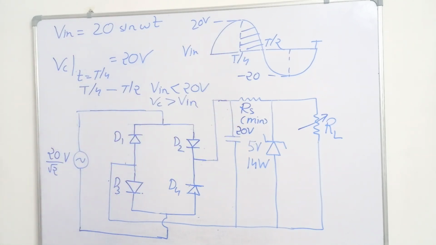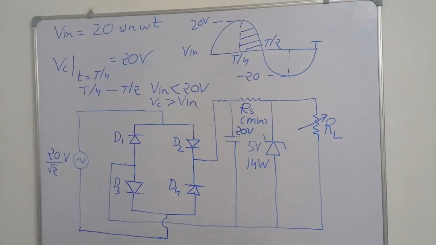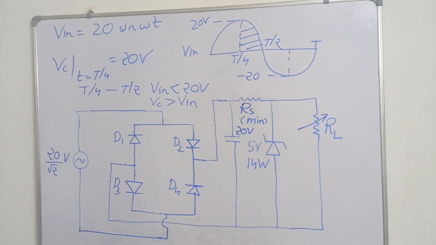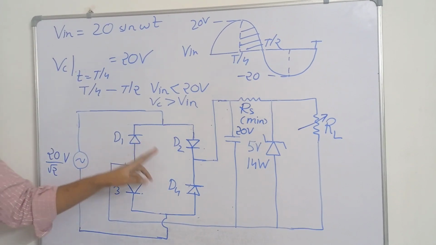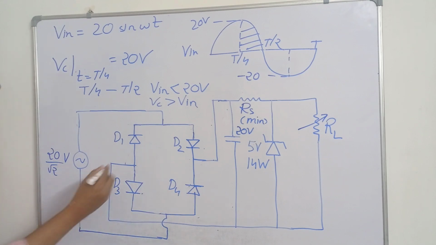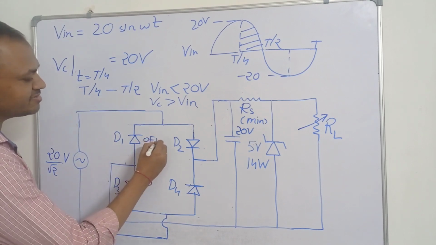The capacitor voltage will remain constant at 20 volt. D1 and D4 were already reverse biased in the positive cycle.